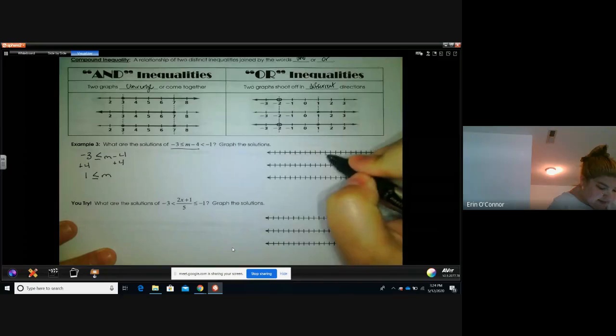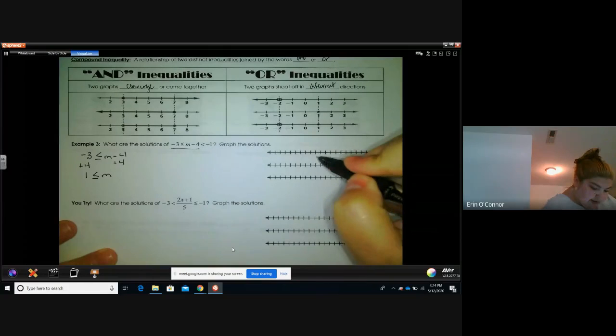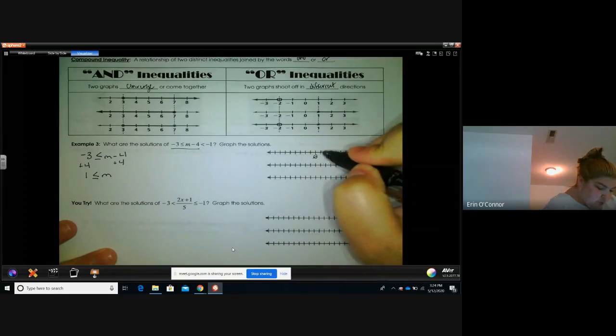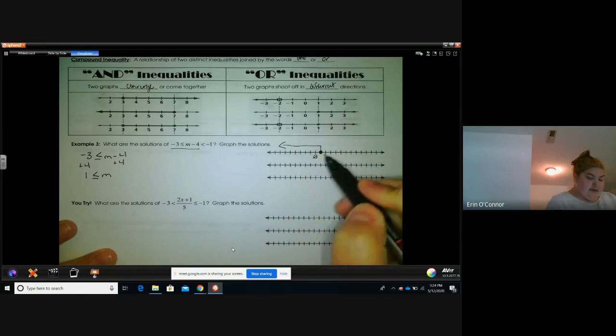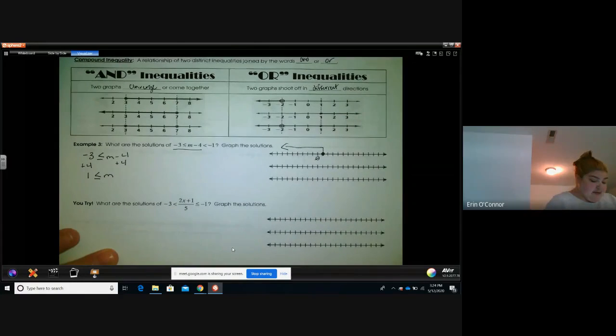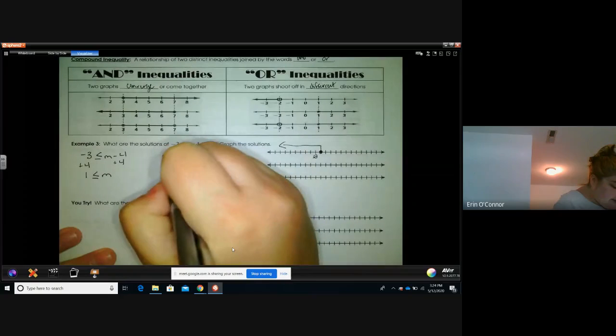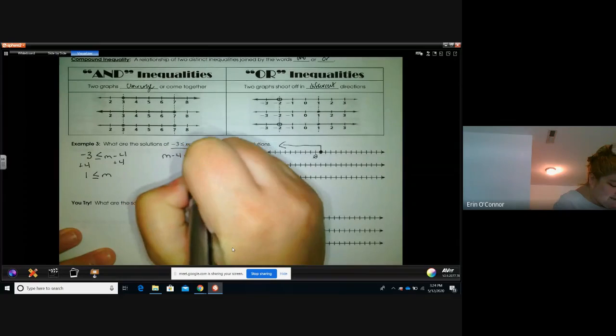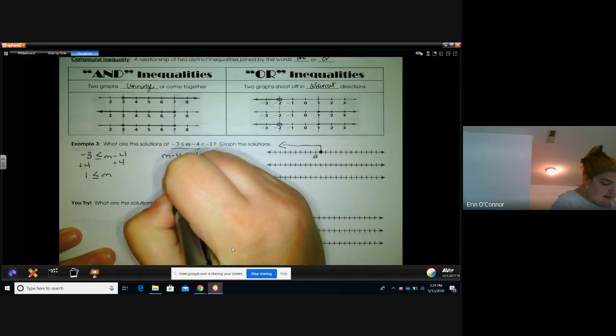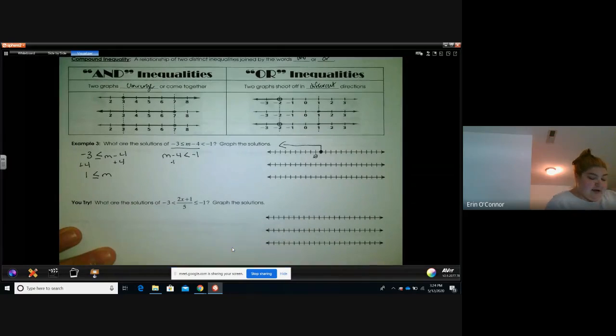So if this right here is 0, 1 is less than or equal to m, so we're going to close in the dot. For the other side, we have m minus 4 is less than negative 1.